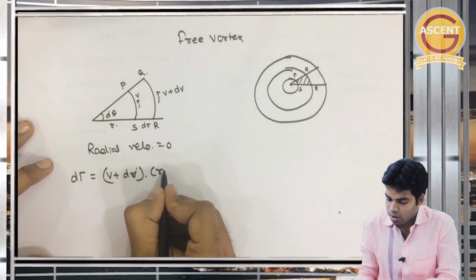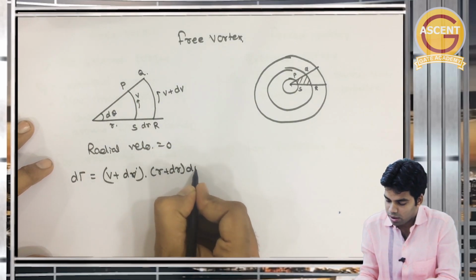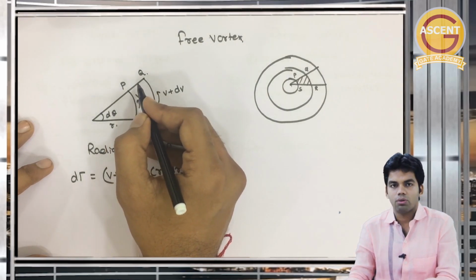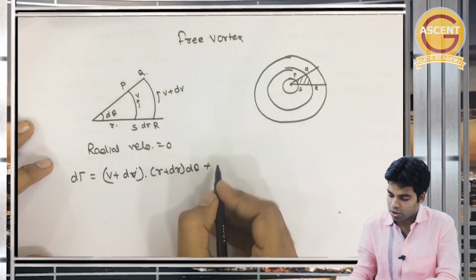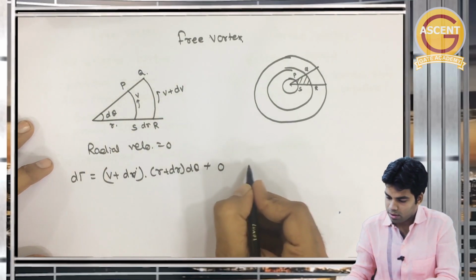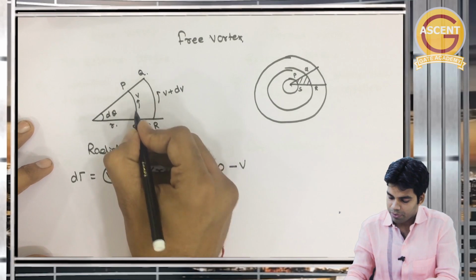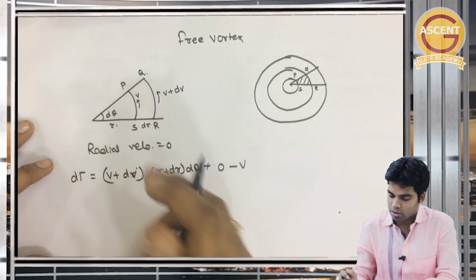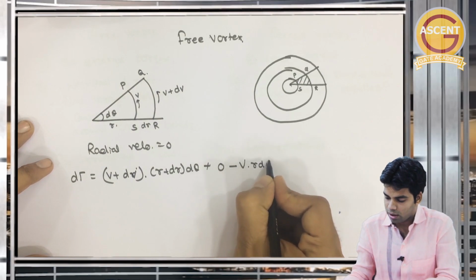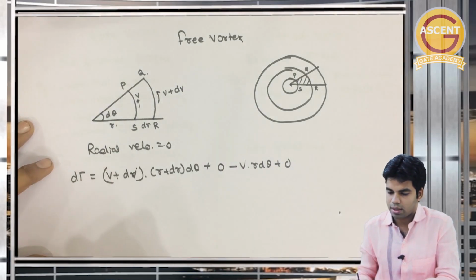Plus, for this PQ, velocity is 0, since the velocity is 0 in radial direction, plus 0, minus, opposite sign, V into this arc PS, which is r into d theta, so V r d theta, plus 0 for SR.